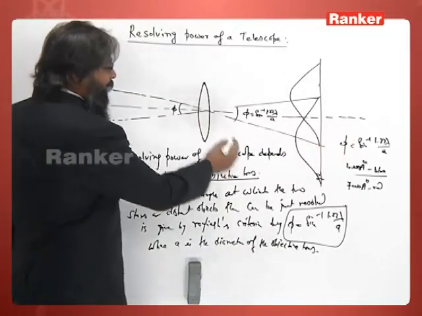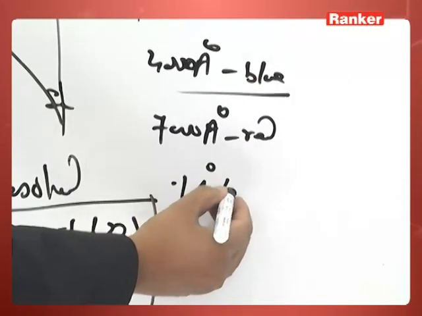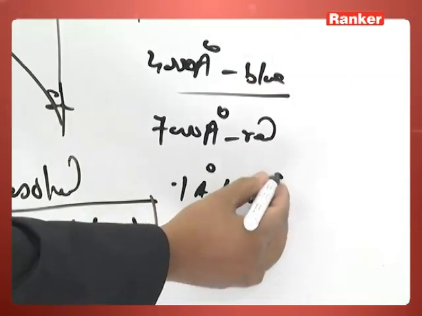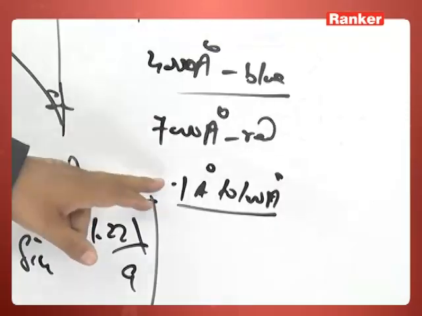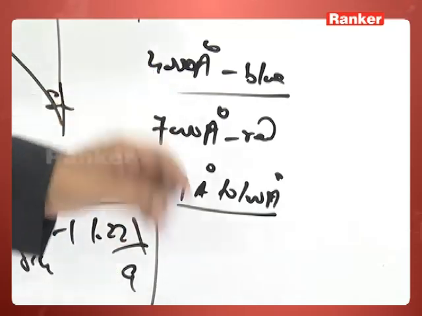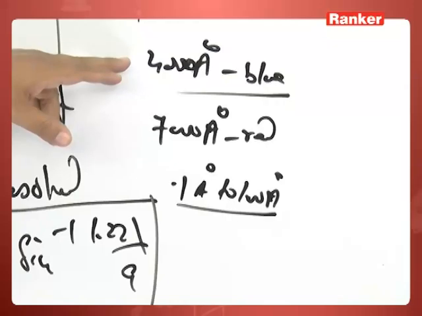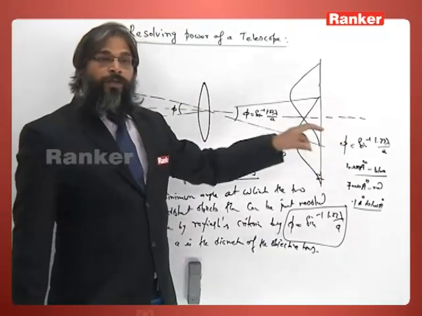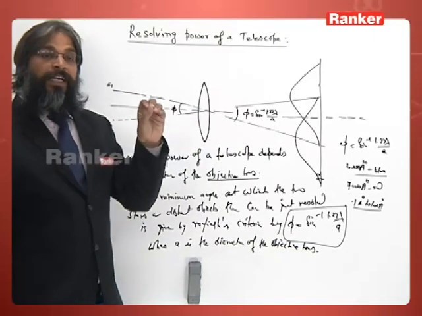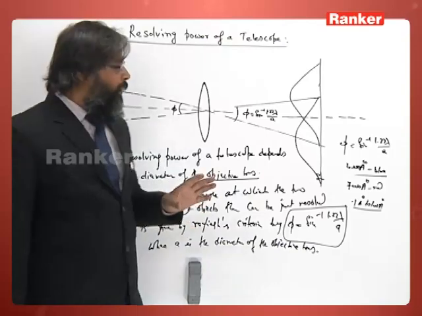X-rays have a wavelength range of 0.1 angstrom to 100 angstrom. Suppose I use 1 angstrom. So 1 angstrom is nearly 4000, 5000 times lesser, so we can resolve 4000 to 5000 times better if we use an X-ray telescope.